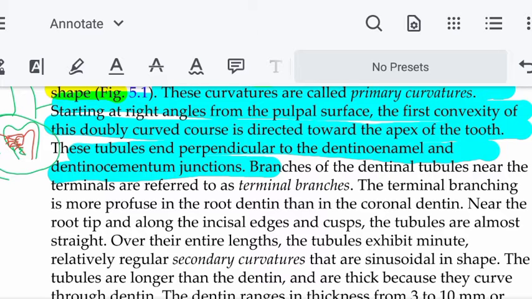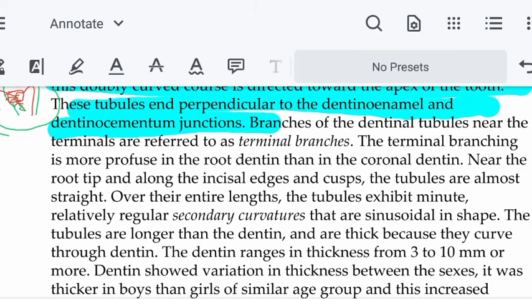The terminal branching is more profuse in the root dentin than in the coronal dentin. Near the root tip and along the incisal edges and cusps, the tubules are almost straight. I told you that these are present at right angles near the incisal edges, cusps and root tips. Over their entire length, these tubules exhibit minute, relatively regular secondary curvatures that are sinusoidal in shape.